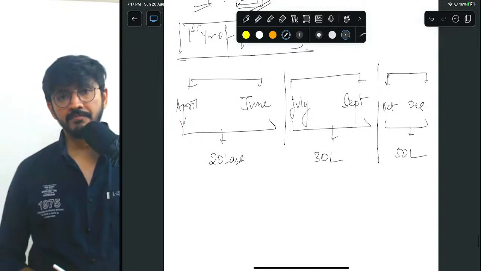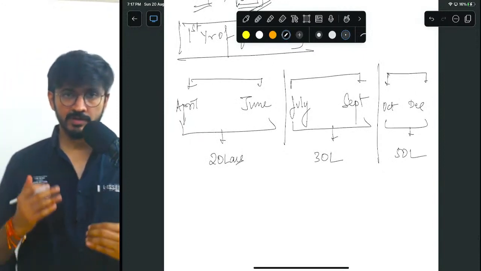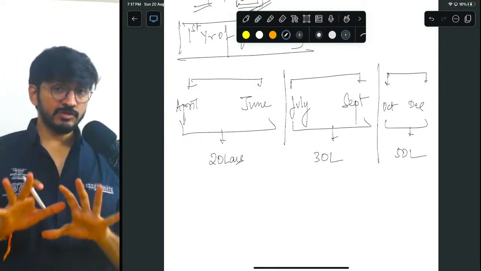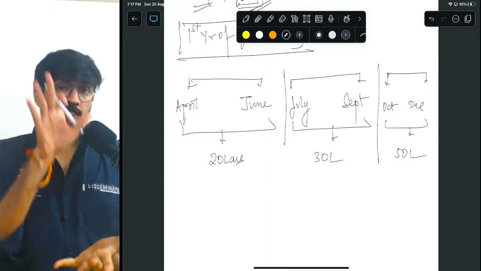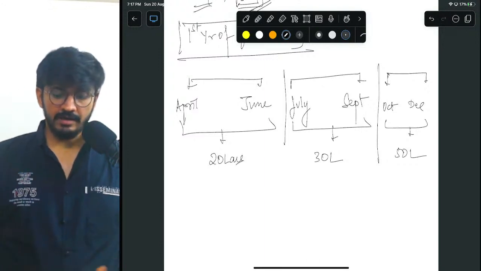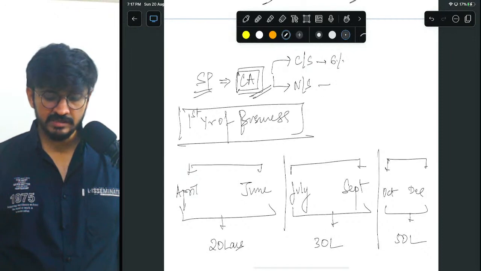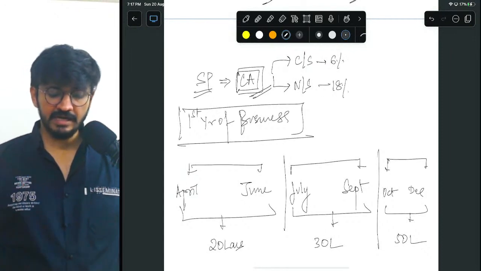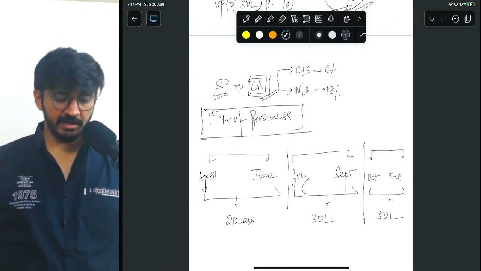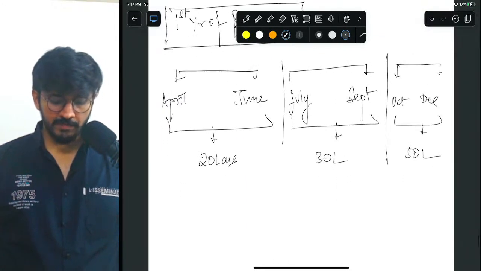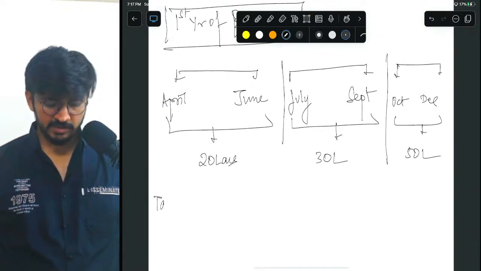Now understand, this is your first year of business. And the CA service that you are giving under the compo scheme, the rate is 6%, and under the normal scheme, just in case you need that, it is 18%. Now you tell me if I have to calculate the tax payable.